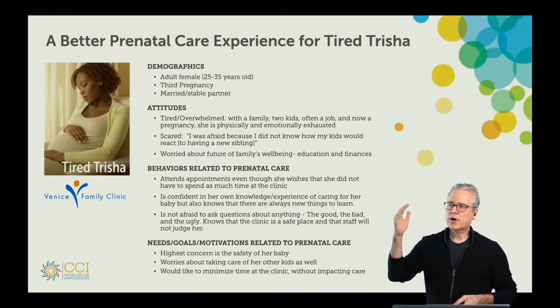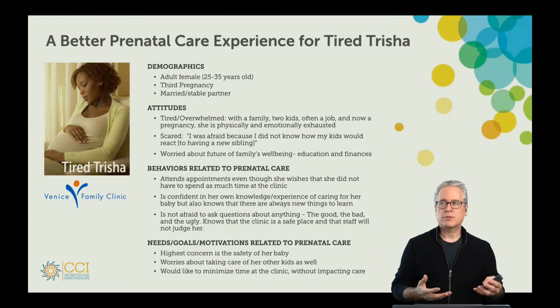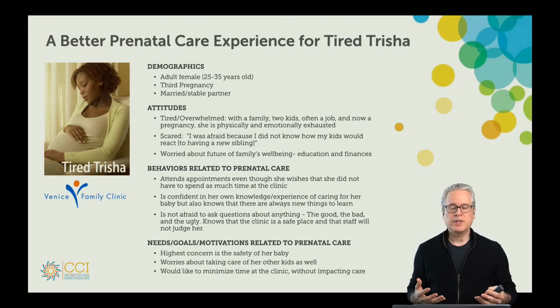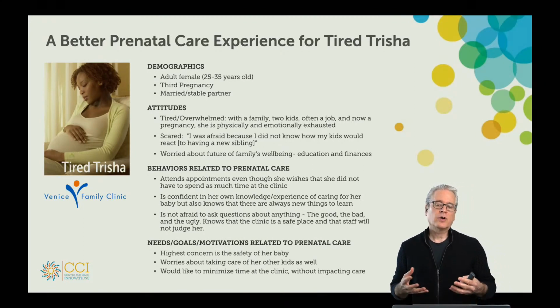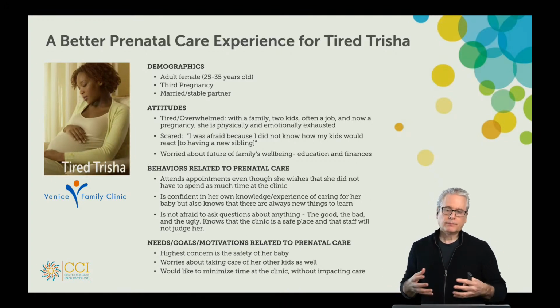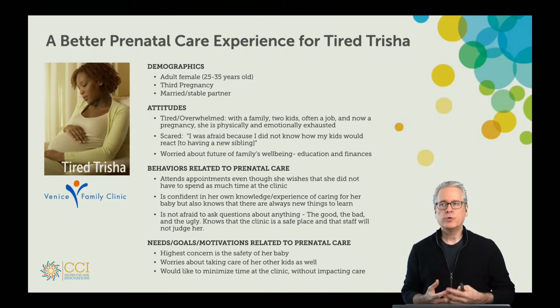And then they just have 4 categories: demographics, attitudes, behaviors related to prenatal care, and their needs, goals, and motivations related to prenatal care. After having interviewed some expecting mothers, they put this together to try to remember and capture who they're designing for.